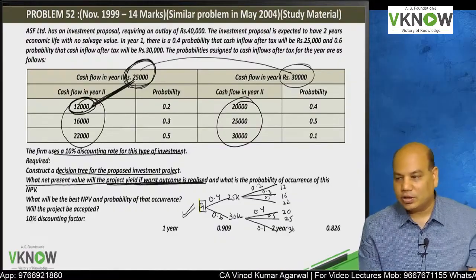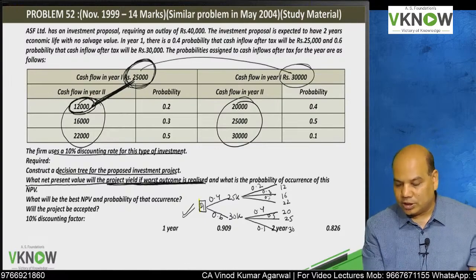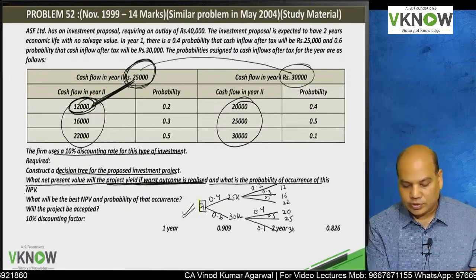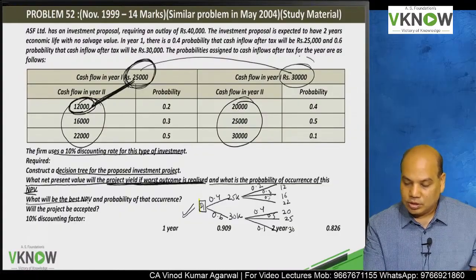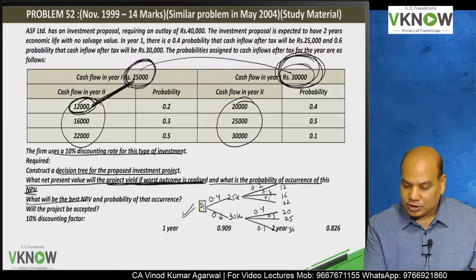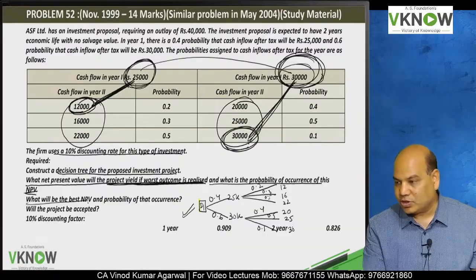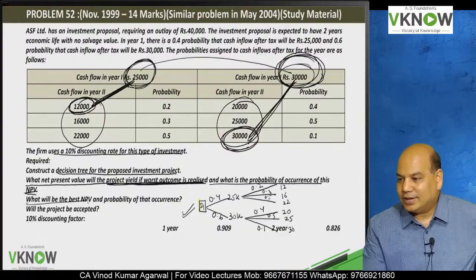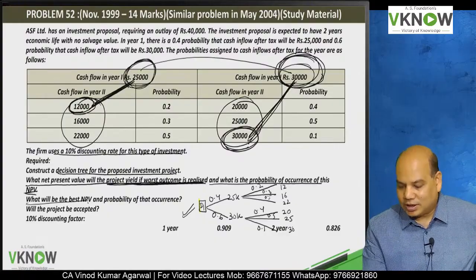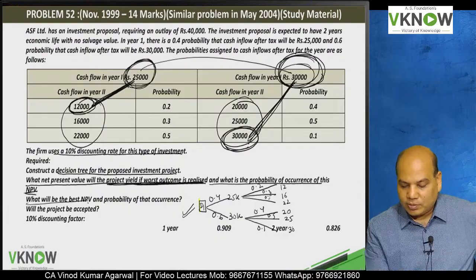Find out the NPV and find out the probability of the occurrence of this NPV. But suppose your luck is good, you will get 30,000 in the first year, the highest number, and 30 in the second year. This is the best combination. 30 in the first year, 30 in the second year. And what is the probability of that occurrence?